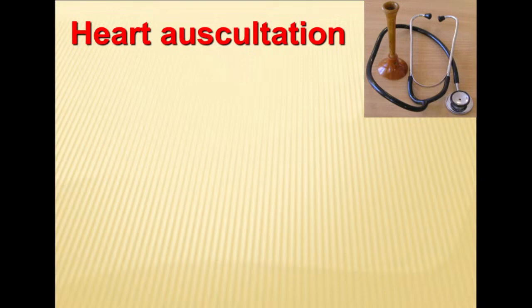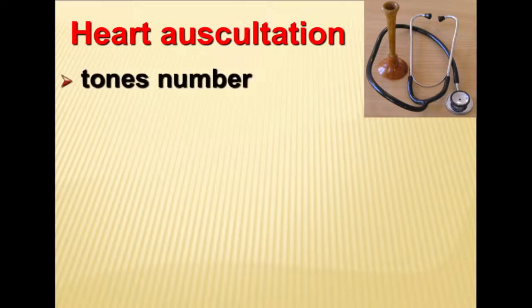What is purpose of heart auscultation? Because you remember that any our action is made with definite purpose. During heart auscultation, first of all, we'll count number of auscultated sounds. Usually, we'll auscultate only 2 sounds, which are corresponding heart activity, systolic and diastolic.